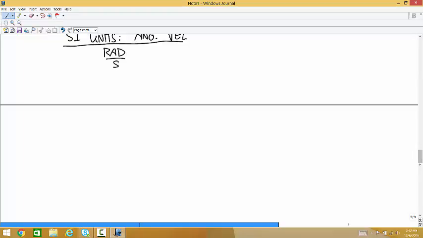Just like the particle velocity tells you what direction an object is moving, the angular velocity tells you what direction the object is rotating.